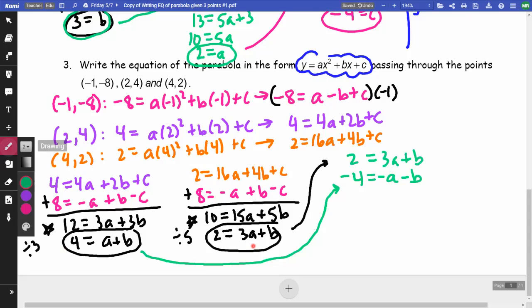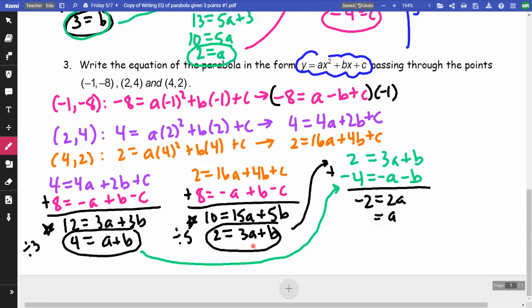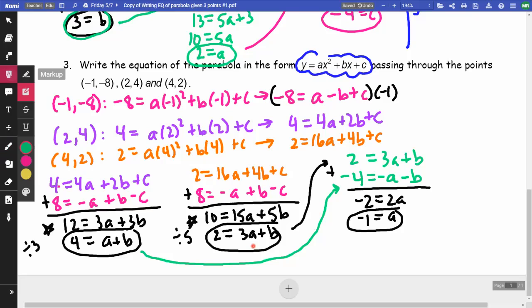I add these two equations together. And when I add them together, I get -2 is equal to 2a. My b's cancel out, and I get a is equal to -1.